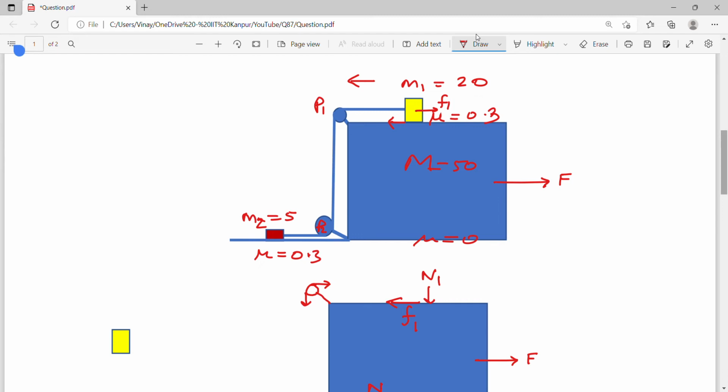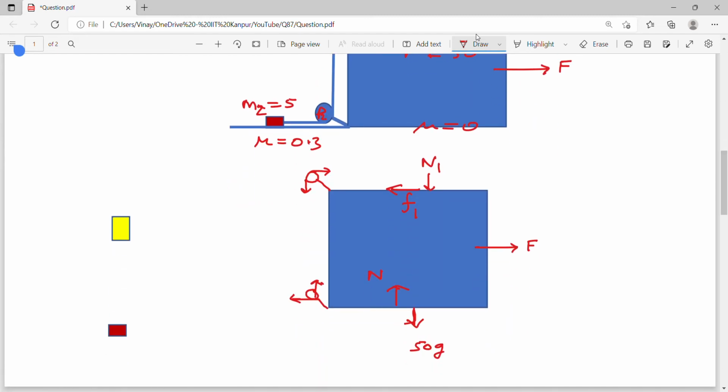Similarly, you can draw the free body diagram for this mass M1. Again, weight, and that is how much? 20g. Normal reaction in the upward direction, N1.